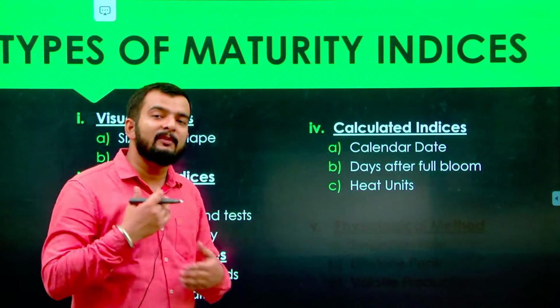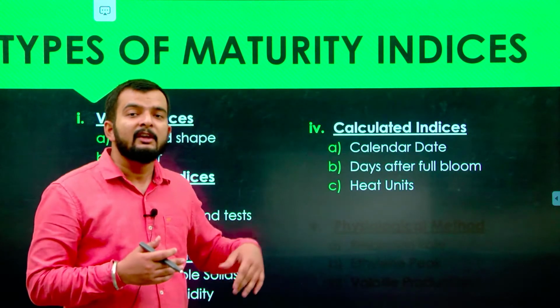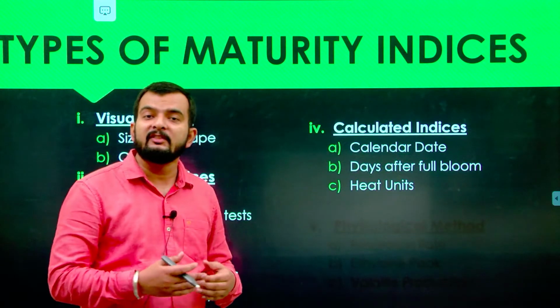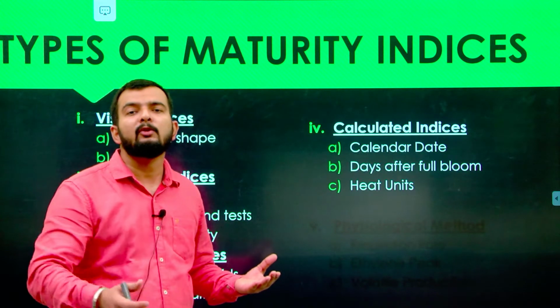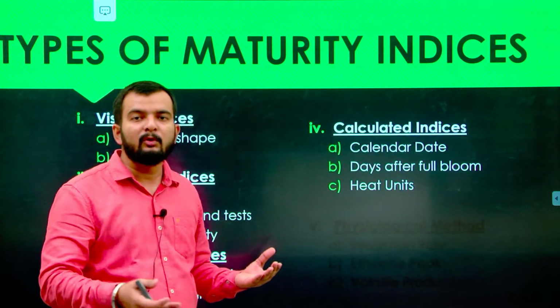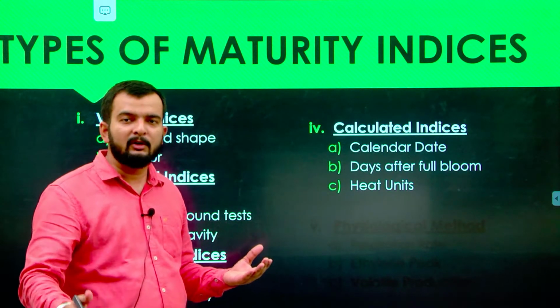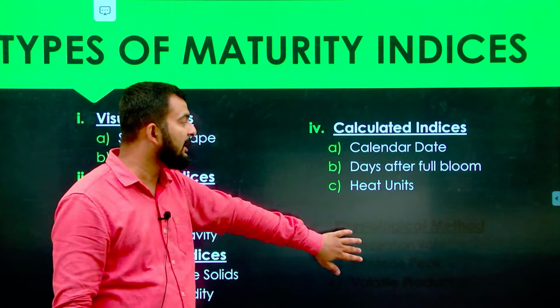If there is any fluctuation in temperature, suppose a 10 degree increase or decrease, the time of harvesting changes. If there is a 10 degree increase, correspondingly the crop will be harvested 2 to 3 days prior to the particular date, or delayed by 2 to 3 days with a decrease. We will study about that also in detail. So the third method is heat units.